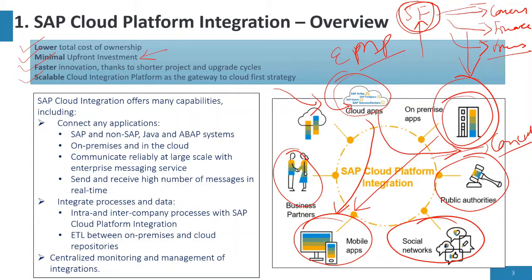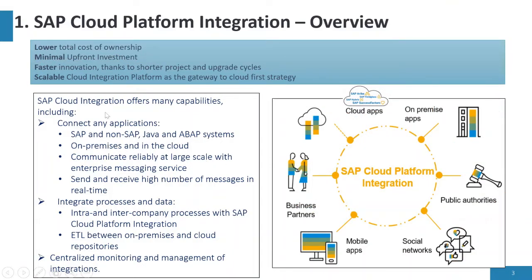You are not building an admin team. The only thing is you are taking a subscription, and that is ready now for you on your browser. That is how you are making minimal upfront investment. With very minimal investment, you are getting a middleware where you're ready to bring your developers to work on the CPI system, and they will be able to build all the interfaces. So that is the reason it is minimal upfront investment.